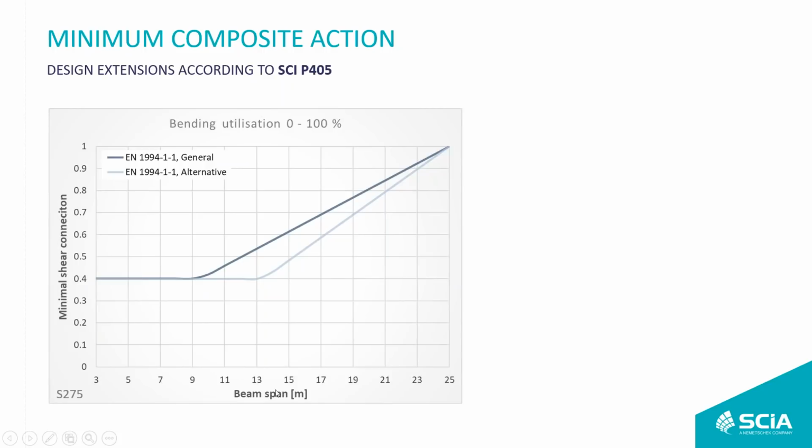So if you have a 15-meter long beam, you will have to use, for example, more than 60% minimum composite action. Now the alternative case is with a very limited scope of application, so most of the time we have to use this curve. So both of these curves are implemented in SCIA Engineer and have been implemented in SCIA Engineer for a few versions already.